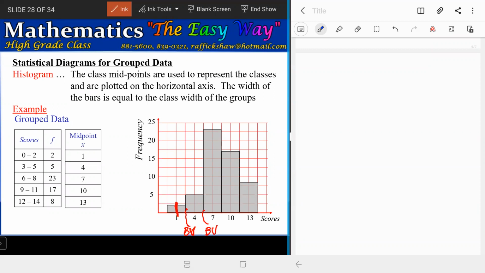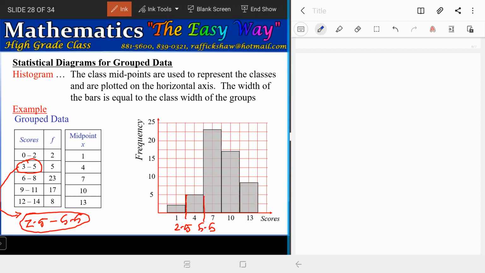All right, let me show you this way. Let's use the second group. The second group goes from 2.5 up to 5.5, so you join a bar from 2.5 up to 5.5 for the second group. That's how wide that bar is.